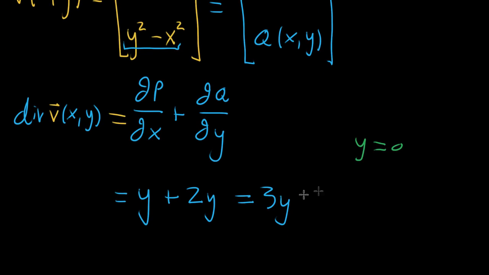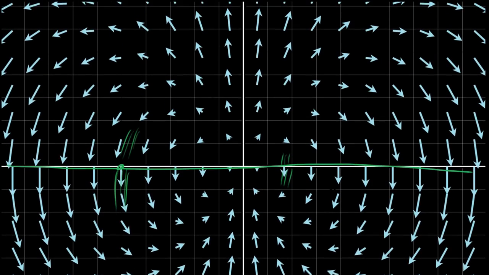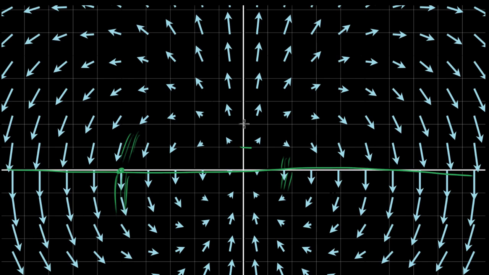Whereas, let's say we take a look at y equals, I don't know, 3. In this case, the divergence should equal 9. So we'd expect there to be positive divergence when y is positive. So if we go up to y equal to 1, 2, 3, and look at a point around here and consider the region around it, you can see how the vectors leaving it seem to be bigger, so the fluid flowing out of this region is pretty rapid, whereas the fluid flowing into it is less rapid.